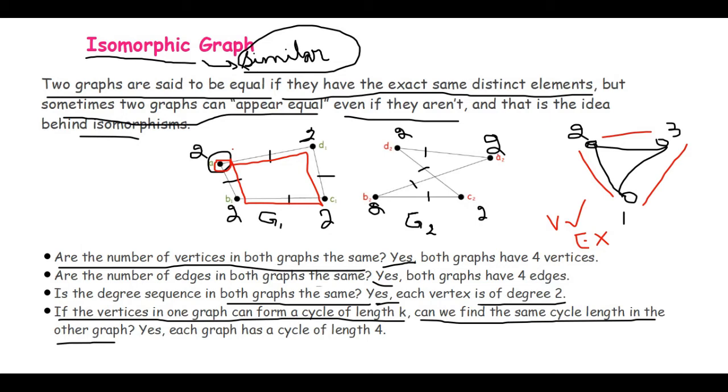In the same way, for graph G2, taking the same vertex A2, we go A2 to D2, D2 to C2, C2 to B2, and B2 to A2.